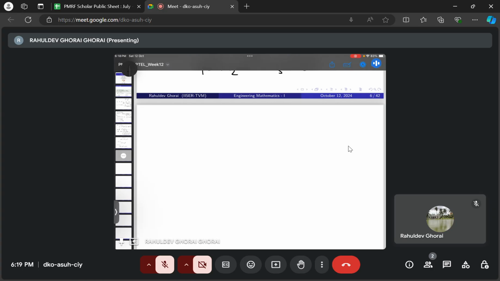So let's have a homogeneous differential equation. Let's say you have D cube minus 7D square plus 25D minus 175 of y is equal to 0, where D is d/dx.